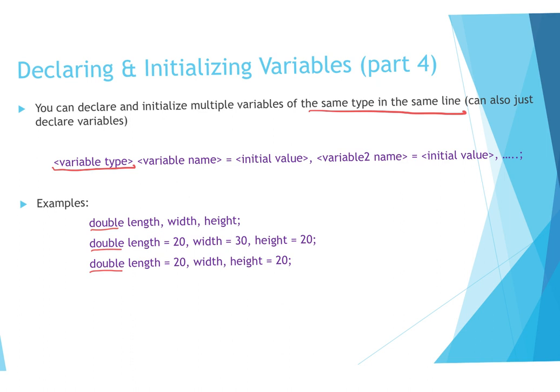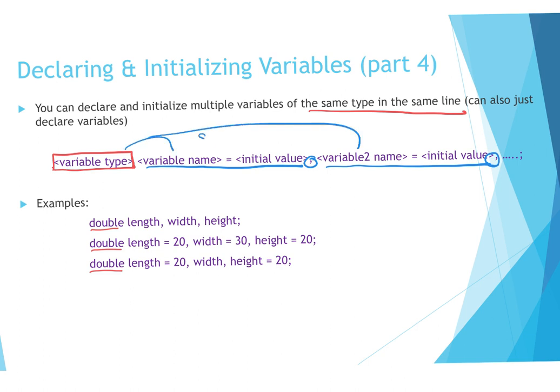So what you'll notice is we have the variable type. This comes first. After this, you'll see we have combinations of variable name and initial value. Then we put a comma. Variable name and initial value. Then we put a comma. And what this does is all of these are going to have the same type.